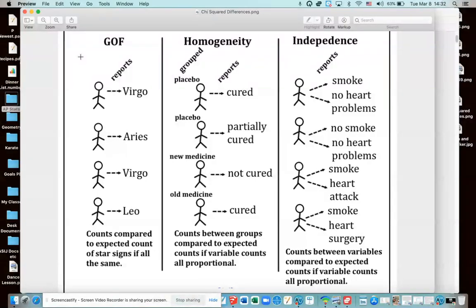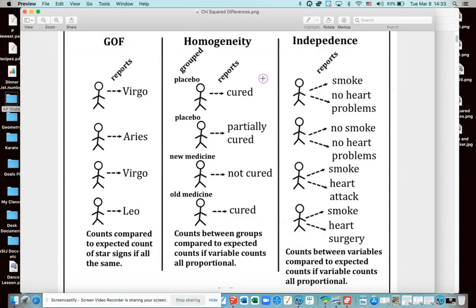If there's 12 star signs, you would expect to see five of each. So what you're doing is comparing what you observe from your sample to what you expect based on probabilities or the distribution. You would expect the Virgo, Aries, Leo would all be the same. So if I survey 60 people, I would expect to see five of each, and that's what you're going to compare.